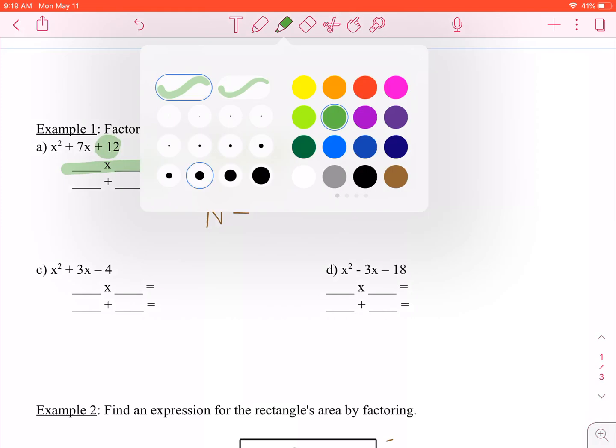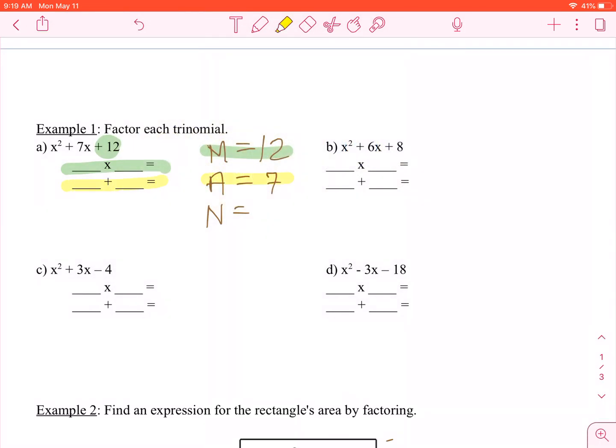Okay, so we can give it a try and just think about first what multiplies to 12. So take out your multiplication table. If you need to, pause the video, have it ready. Once you have your multiplication table, I want you to go through it and figure out what are numbers that multiply to 12. Okay, or if you know this, even better.